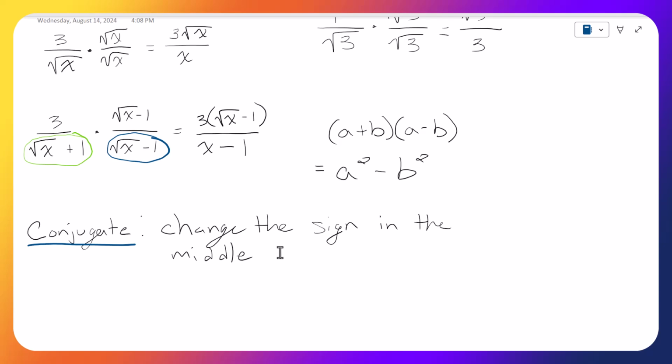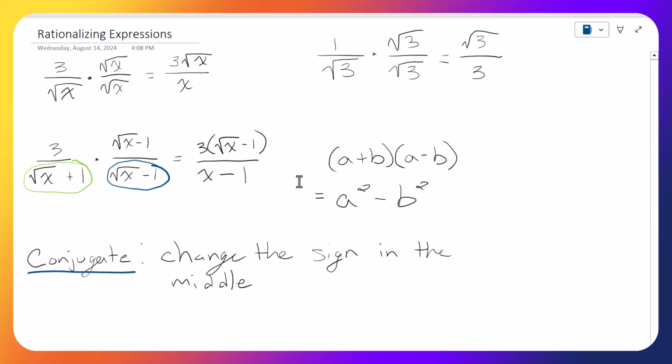So instead of square root of x plus 1, we multiplied by the square root of x minus 1. We changed the sign that was in the middle. And that was multiplying by our conjugate. And we are going to get to rationalizing pretty quickly, so hopefully you're ready for it.